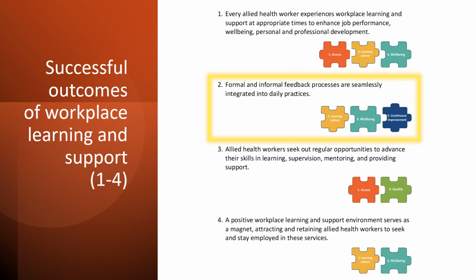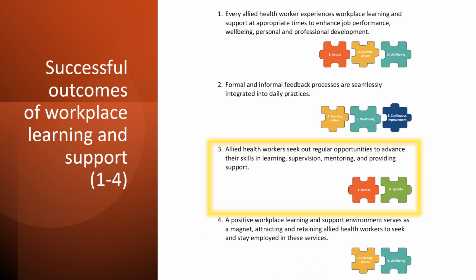Formal and informal feedback processes are seamlessly integrated into daily practices. Again, these are matched against 3 different principles: learning culture, well-being, and continuous improvement. The third successful outcome of workplace learning and support is that allied health workers seek out regular opportunities to advance their skills in learning, supervision, mentoring, and providing support.